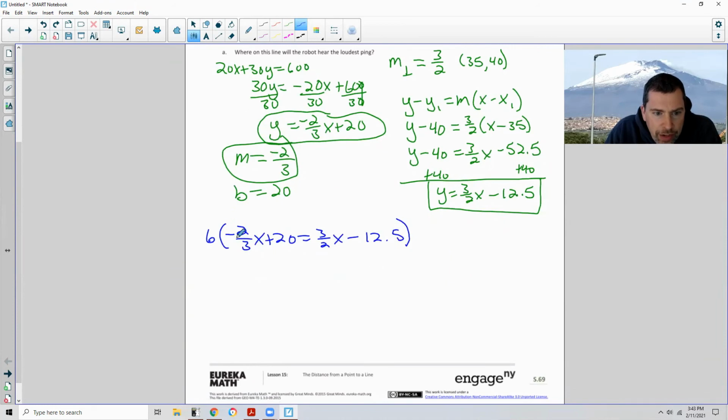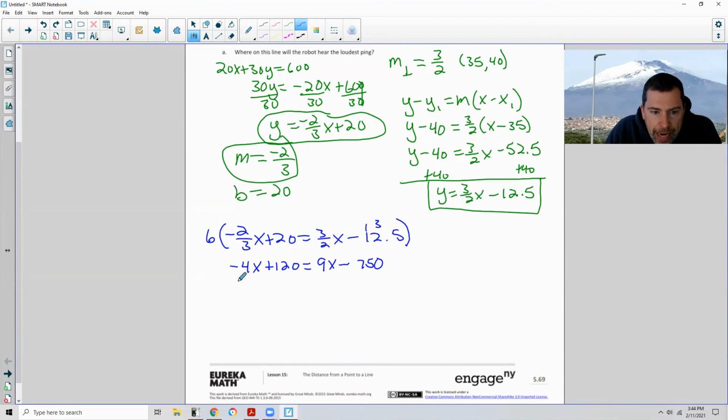And so when I do that, if I multiply this by 6, 6 divided by 3 is 2. 2 times negative 2 is negative 4x. And then 6 times 20 is 120 equals 6 divided by 2 is 3 times 3 is 9x minus 6 times 125 is 750.